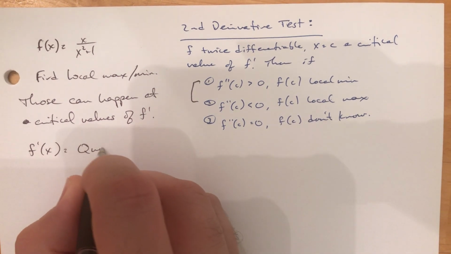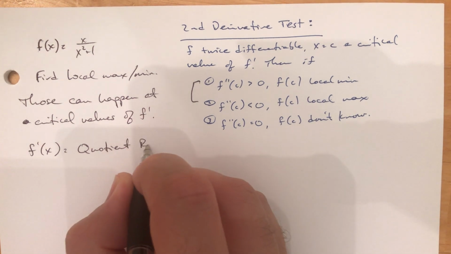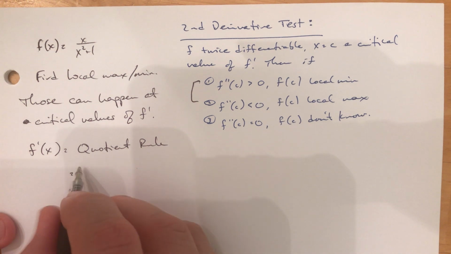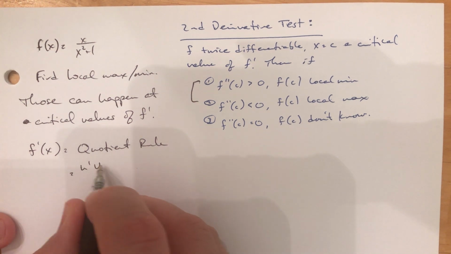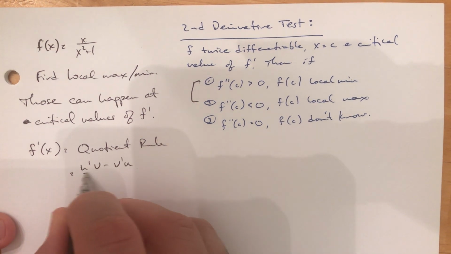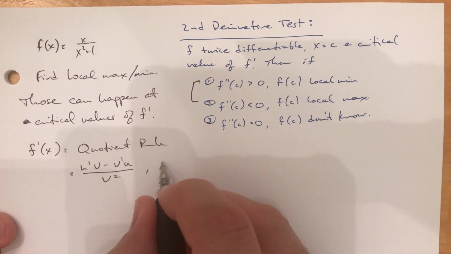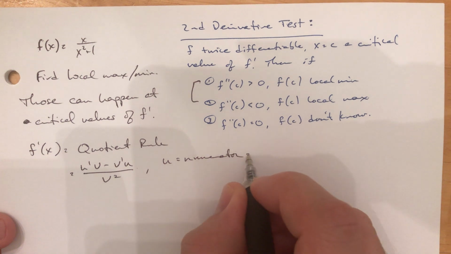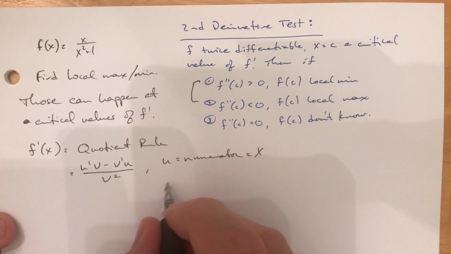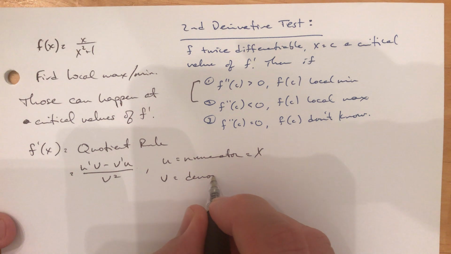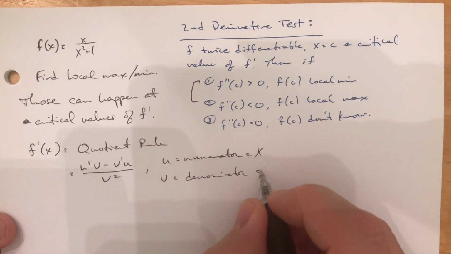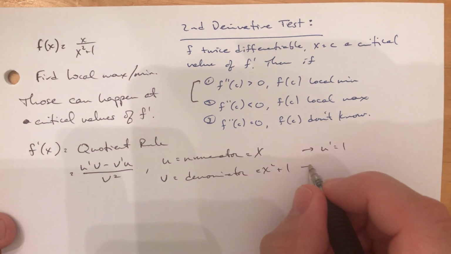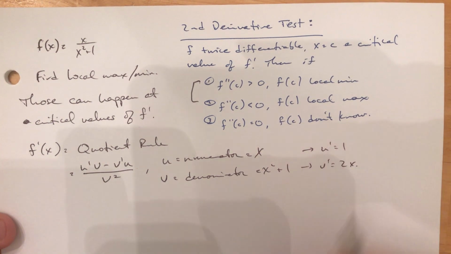We'll need the quotient rule. That's u prime v minus v prime u over v squared, where u is our numerator, x, and v, our denominator, is x squared plus 1, and so u prime is 1 and v prime is 2x.